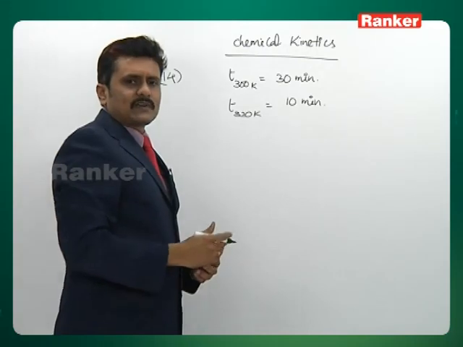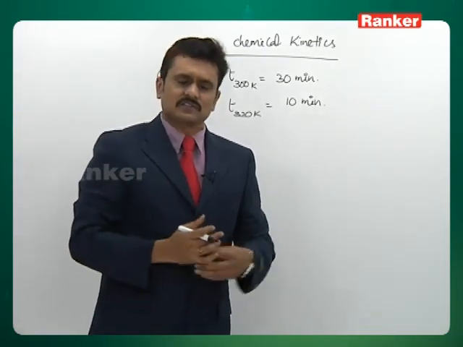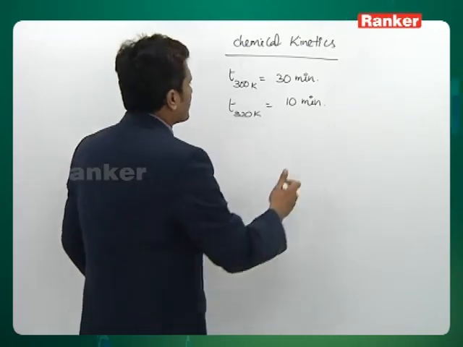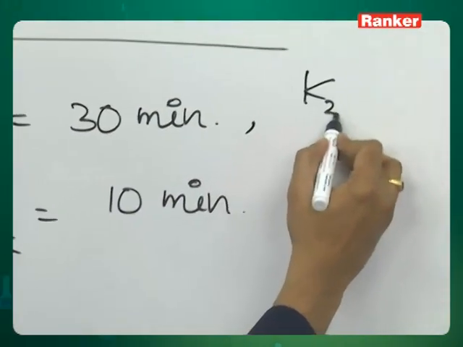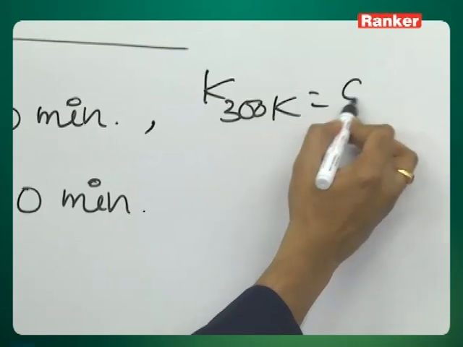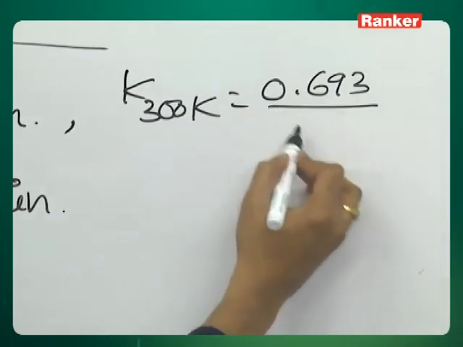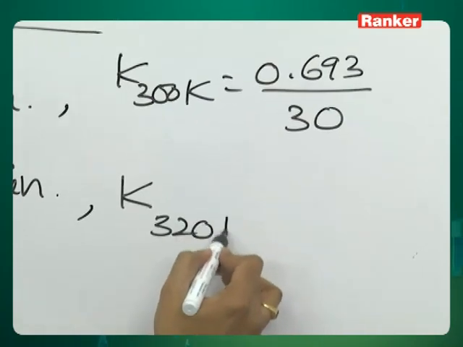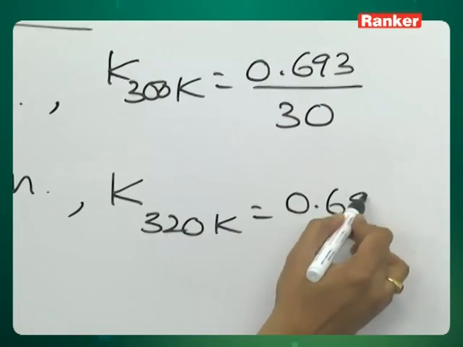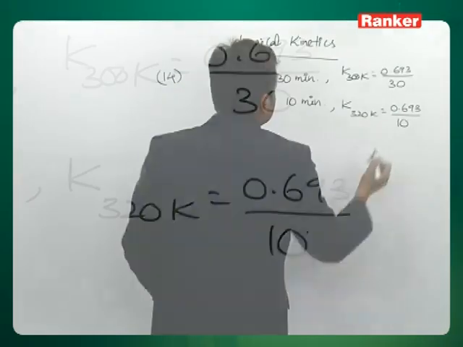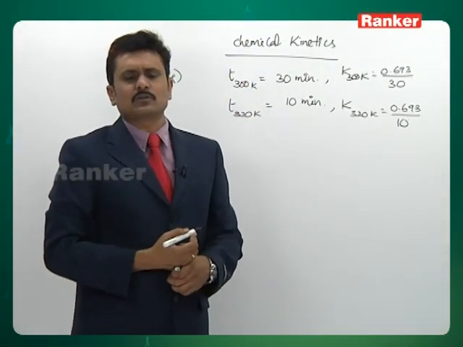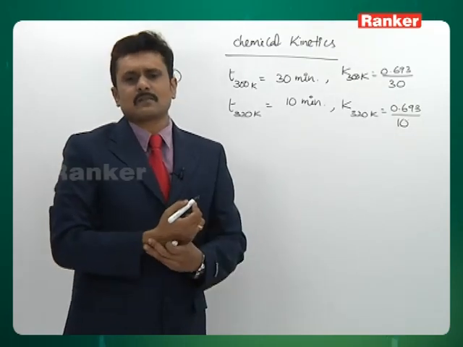Because this is a first order reaction, you know that K at 300 Kelvin is 0.693 by t half, and K at 320 Kelvin is 0.693 upon 10. So this many minute inverse is going to be your answer for the question.